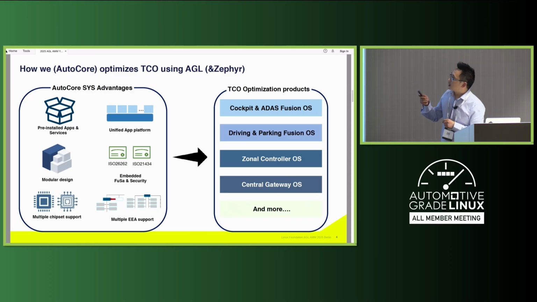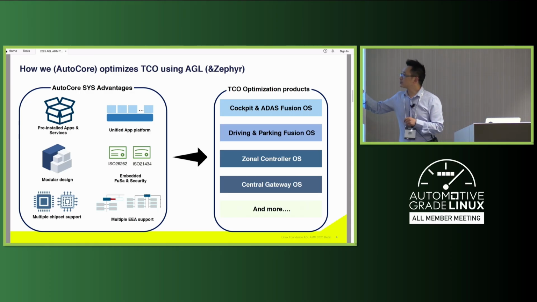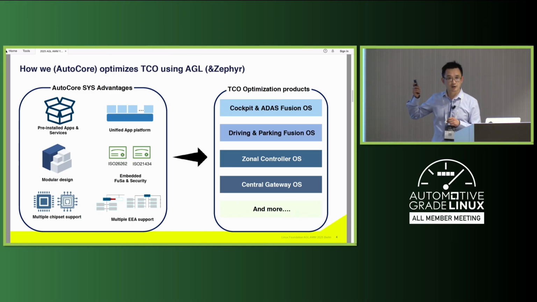Now, earlier presentations talked about application platform, certification, module design, but what I wanted to say is that in our practical work, getting it right, fast and early is what's actually going to help the SOP timing.